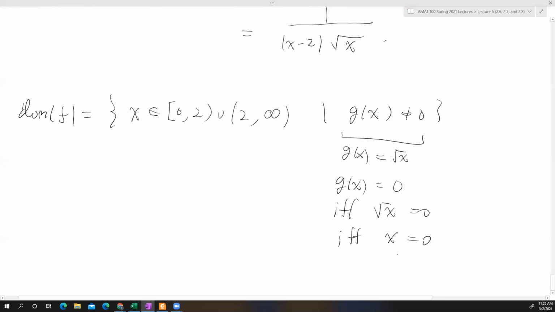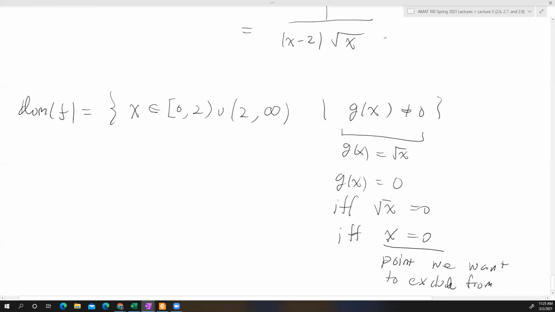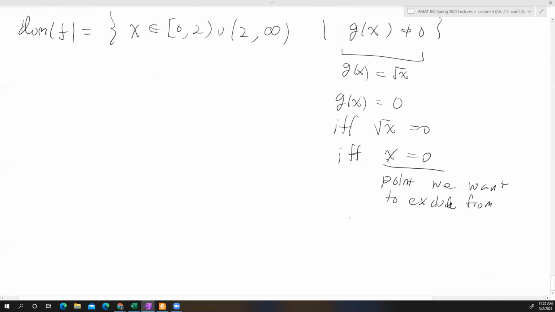So this is the point we want to exclude from the set 0 to 2 union 2 to infinity. So what that means is that we're just going to remove that point. I made a mistake right there.